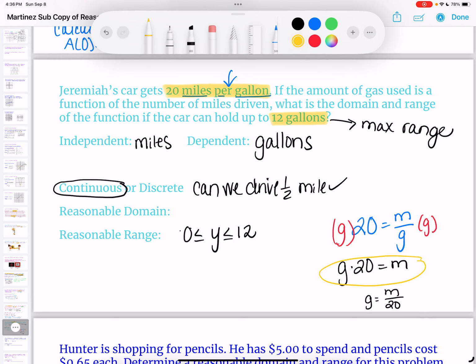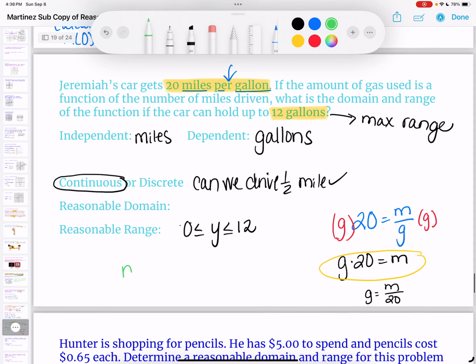Okay, so since miles is independent, that's what we're solving for. So the miles is going to be the number of gallons, which is 0, times 20, which is 0.